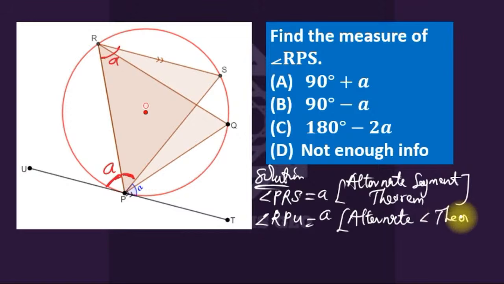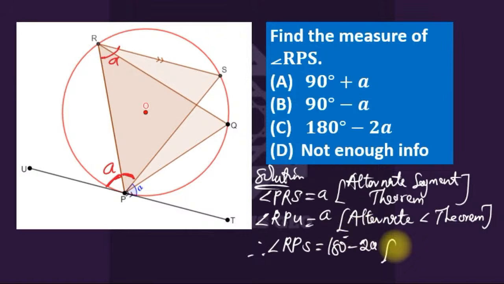Therefore, the angle we are looking for, which is angle RPS, will now be 180 degrees minus 2A. Why? Angle on a straight line. So that's our answer, option C.